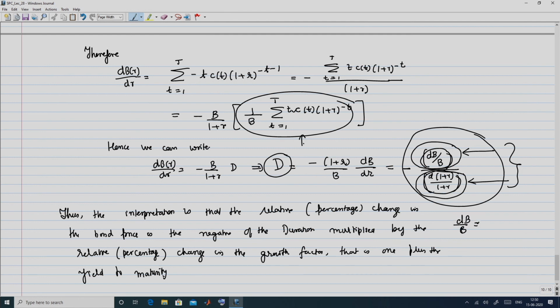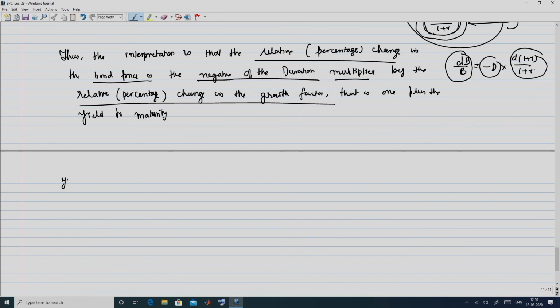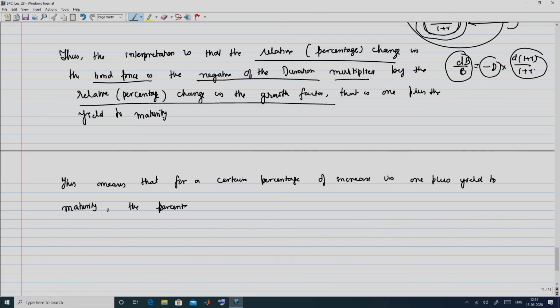So, observe that dB over B is going to be minus D multiplied by d of 1 plus R over 1 plus R. So, this is what I said, that the relative change in the bond price, that is dB over B, is the negative of the duration, that is minus D, multiplied by the percentage change in the growth factor, that is 1 plus R. So, this means that for a certain percentage of increase in 1 plus yield to maturity, the corresponding percentage change in the bond price.